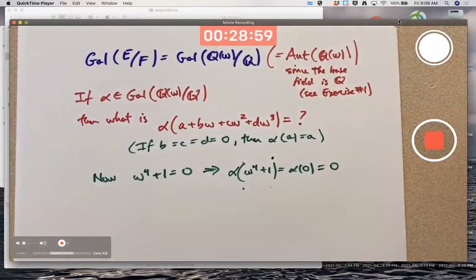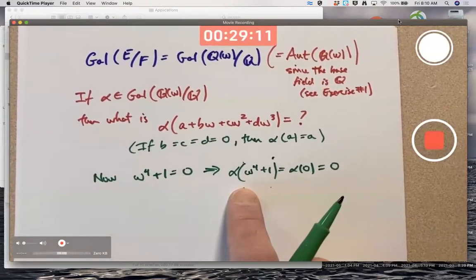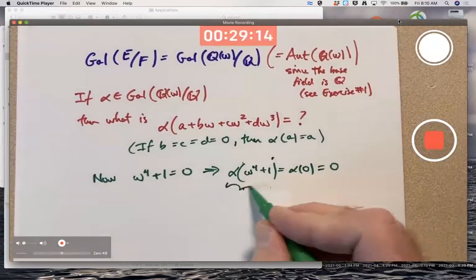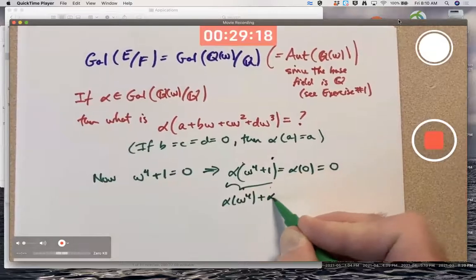And we also know, since this is a ring homomorphism, field homomorphism actually in this case, it's operation preserving. This would equal alpha of omega to the fourth plus alpha of 1.